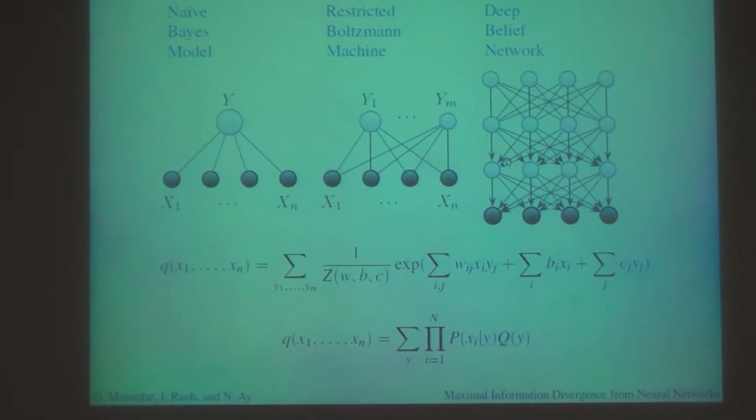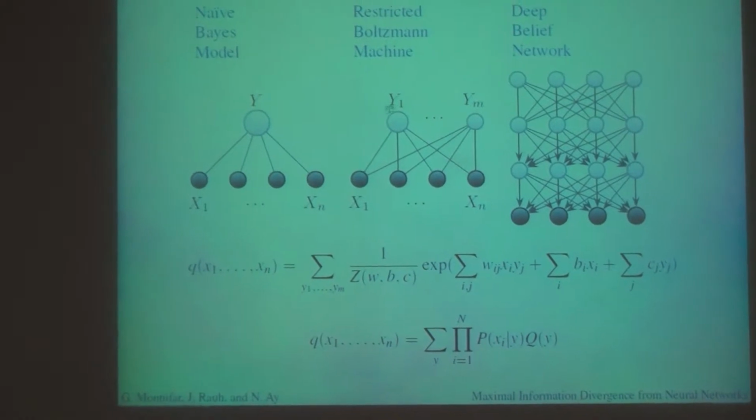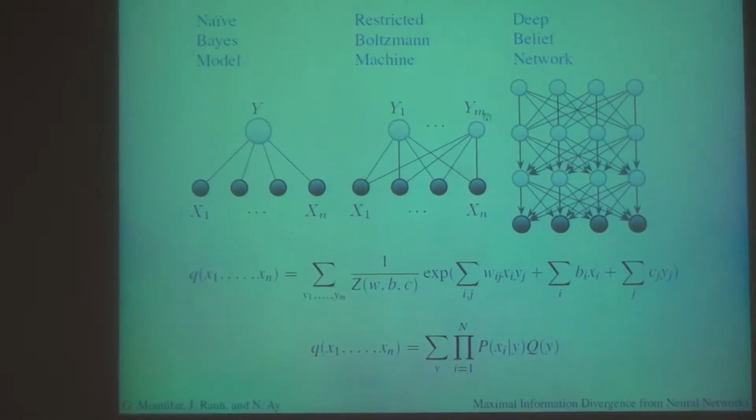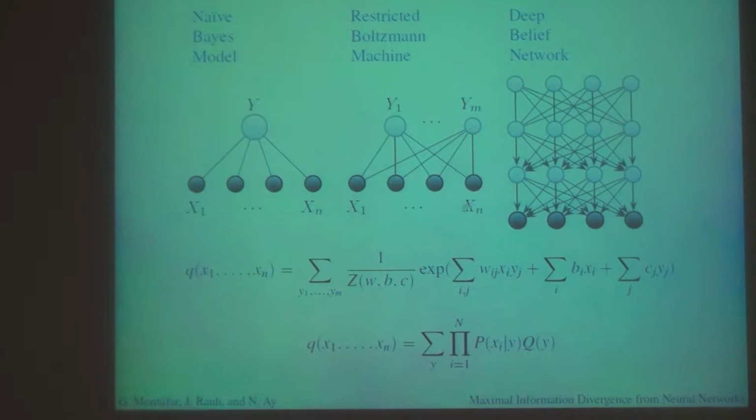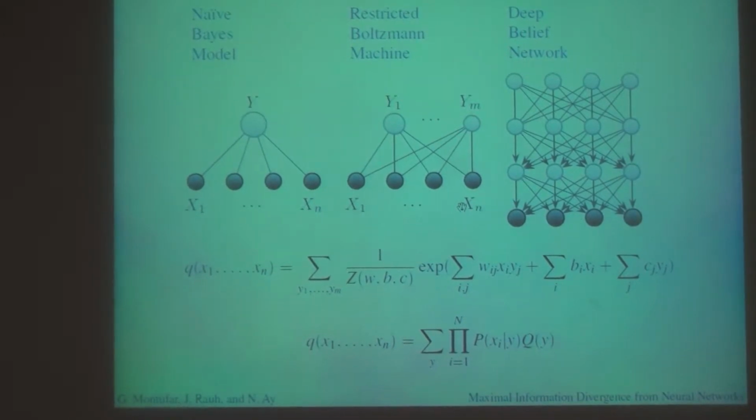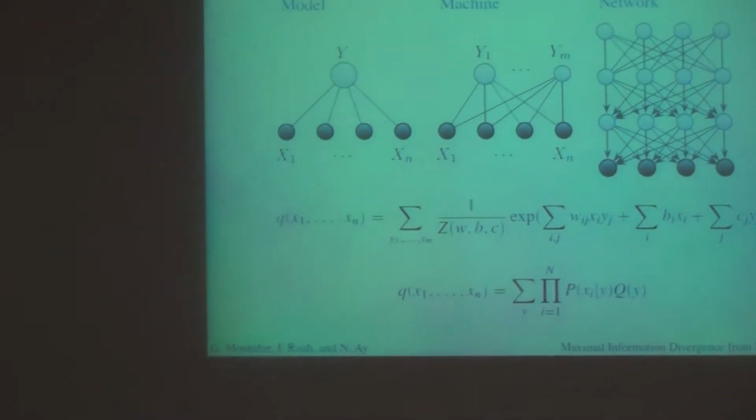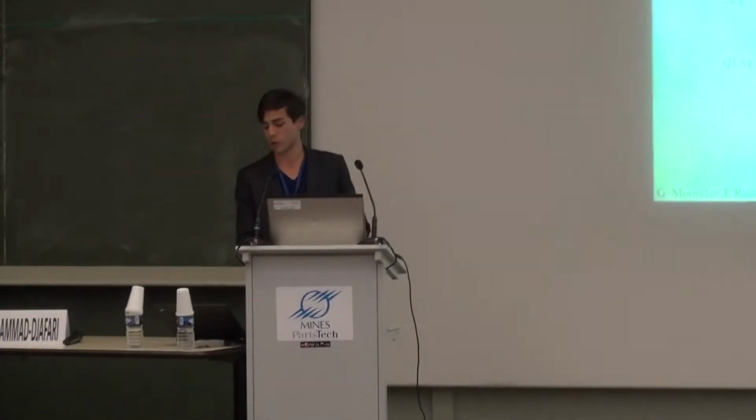more or less. The restricted Boltzmann machine is somewhat similar. This can be understood as a Hadamard product of naive Bayes models, which means that for each probability distribution that you can represent with a naive Bayes model, you can multiply it with another one element-wise and renormalize, and this will give you a distribution from the restricted Boltzmann machine model.